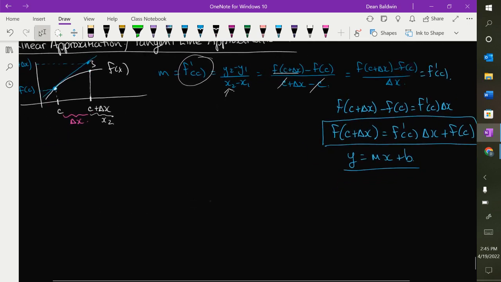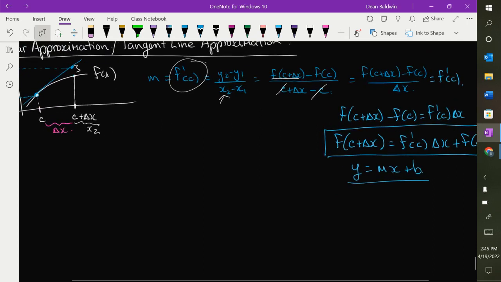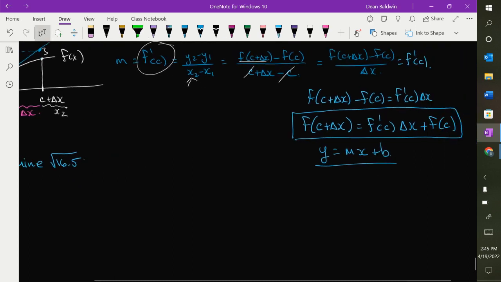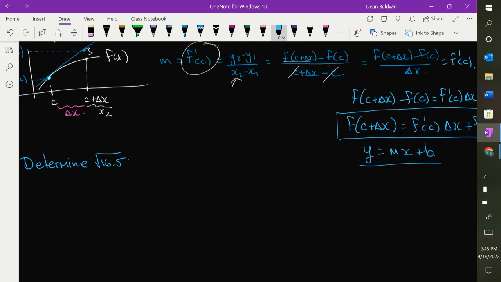So for example, what is the square root of 16.5? Okay, well, let's use the linear approximation formula. Let me write it out here.